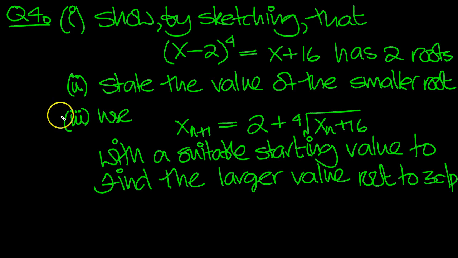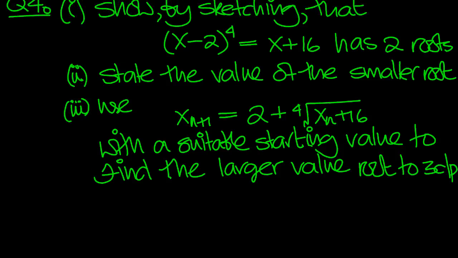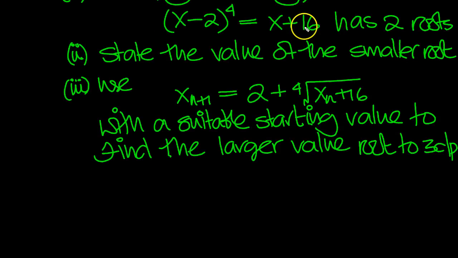Okay, let's have a look at this then. So we've got this quartic equation, (x − 2)^4, and we've got this straight line function here. I'm going to do a quick, informal sketch with a digital pen. Of course, you'd use a ruler and far better grid axes.